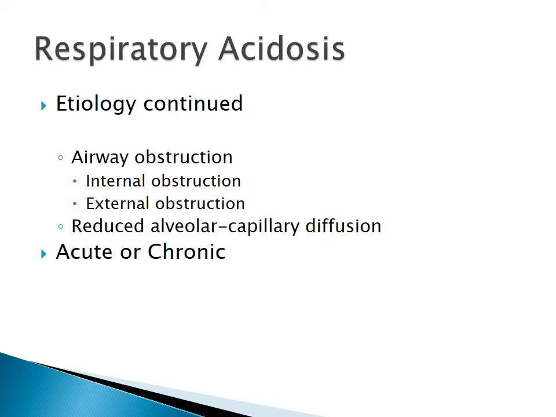The fourth one is reduced alveolar capillary diffusion. This can occur in acute pneumonia. We have a lot of patients with that, as well as COPD, also known as emphysema. Drowning patients fall in this category, as well as pulmonary edema patients.